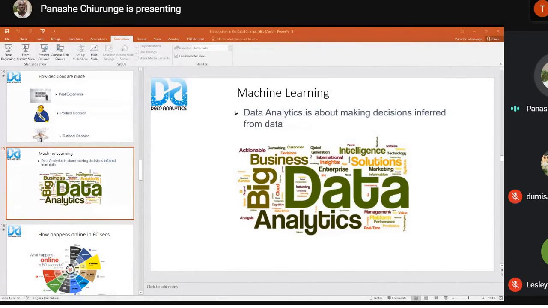Data is the core component of that particular decision. It's a very different way of making decisions because data does not lie. Data will give you a story of what is happening. This is why it is important to learn data analytics, because data analytics is about making decisions that are inferred from data.